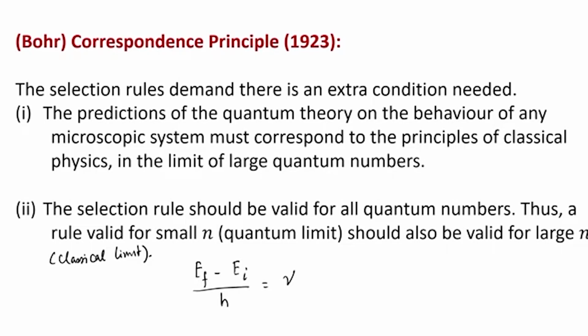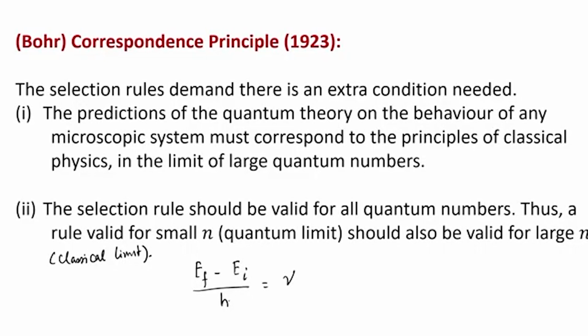This is exactly what we said: the hydrogen atom absorbs this energy and goes to a higher state, and then because of the short lifetime in those higher energy states, they decay. So, EF minus EI equal to h nu, so EF minus EI by h equal to nu.